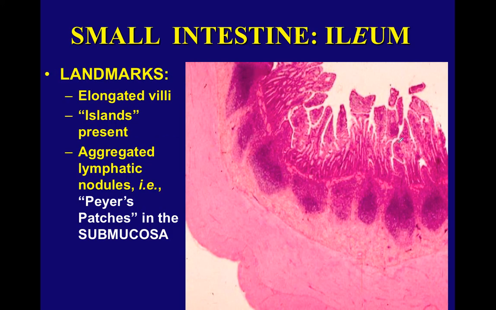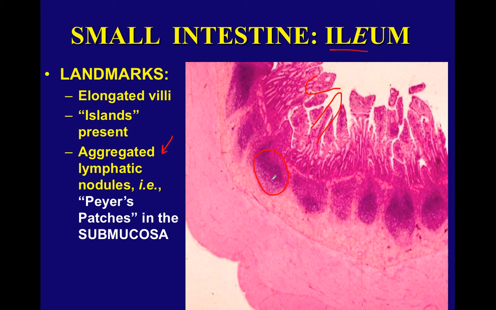The last organ is the ileum. Again, we have the villi. We have very elongated villi, floating islands, but very important, in the area of the submucosa we have aggregations of lymphatic nodules.